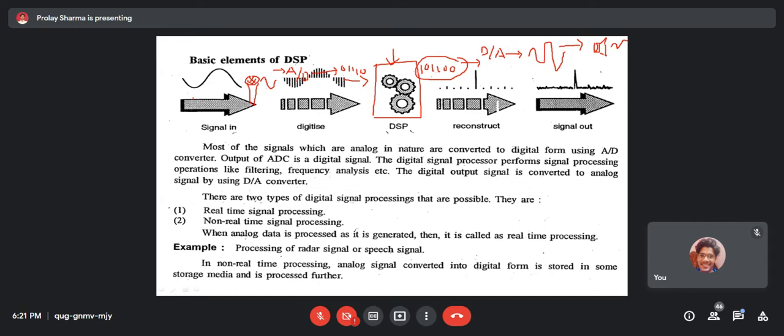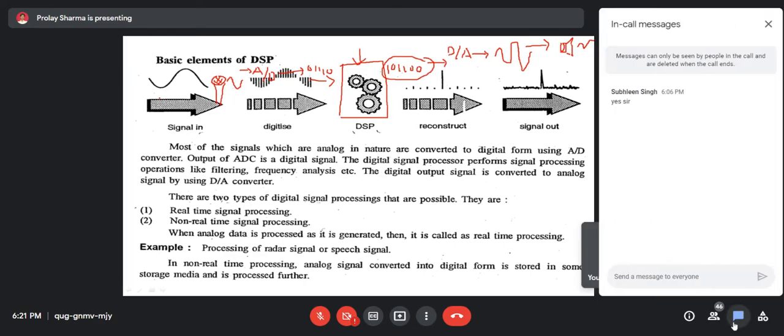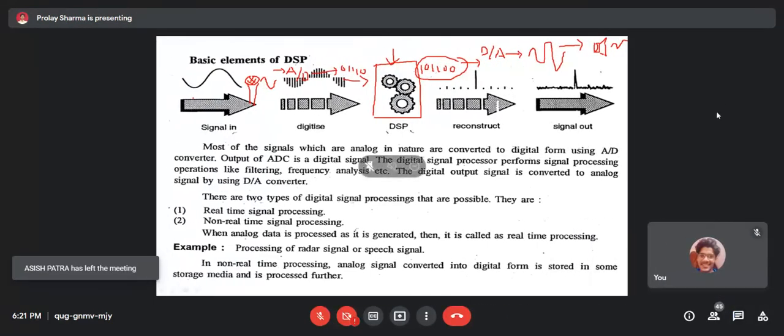Real-time processing means, suppose, a radar signal: some unidentified object is coming, and the radar is sensing that object. So it has to be processed in real time. Otherwise, we cannot make precautionary arrangements.